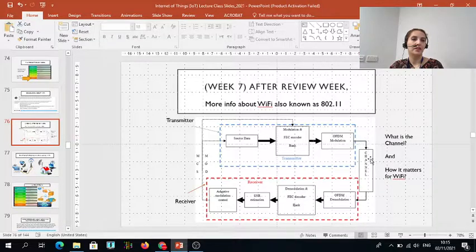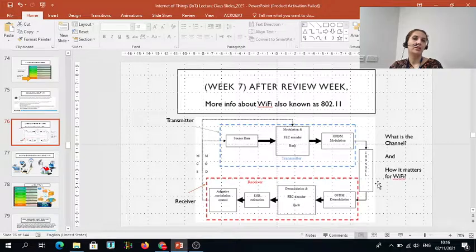And then we will have this channel. This channel can be many things. It can be air if I'm sending it wirelessly. So that channel will be the air and everything inside that air. It can be an optical cable. It can be any sort of connectivity that we will have, either wired or wireless.